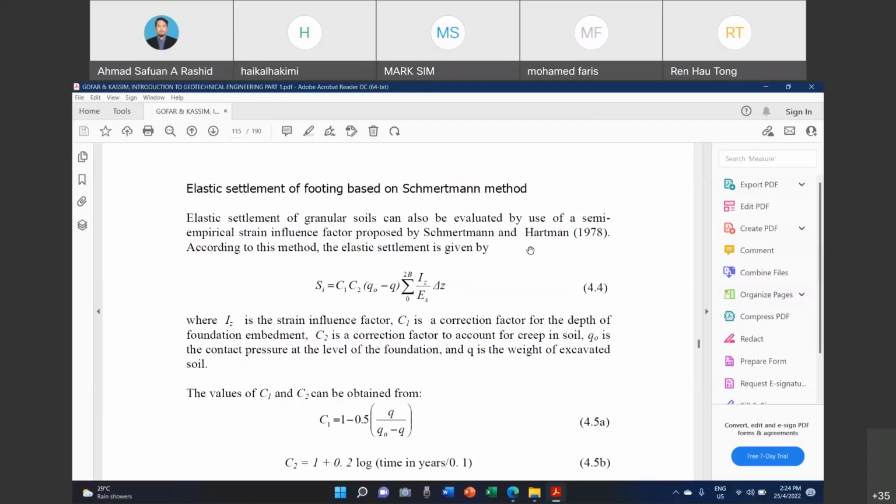Okay. Jika awak tengok based on the note that I provided to you, this is the equation to determine the elastic settlement or immediate settlement for sandy soil.